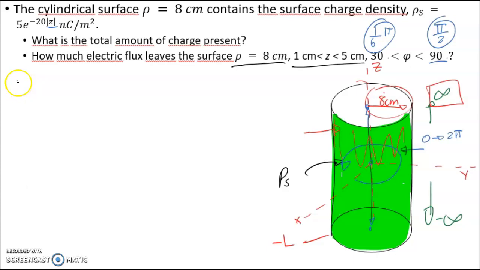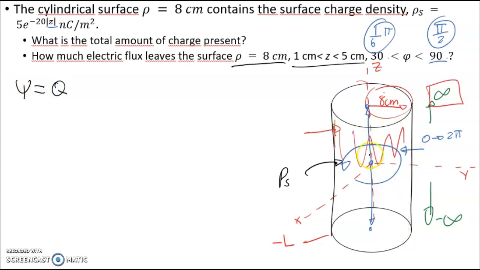We know the amount of flux is equal to the amount of charge contained in one section of the surface. In this case, the surface is at a radius of 8 centimeters, but it's constrained by an angle of 30 degrees, pretty much from here to an angle of 90 degrees.